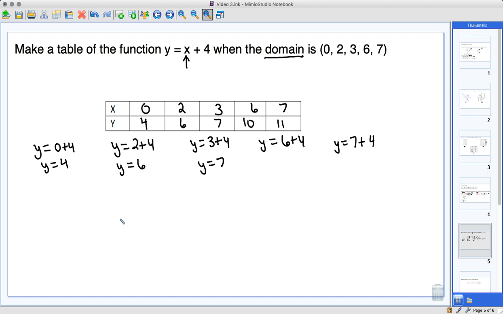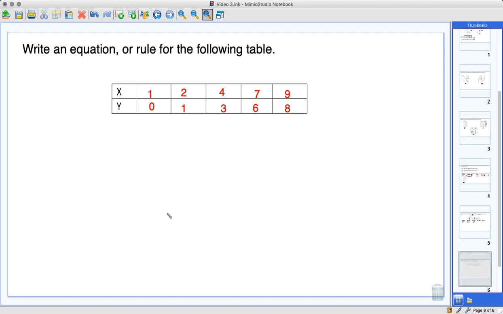The last thing we're going to do is we're going to be given a table, and we are going to write that rule up there. Okay, so here is our table, and it says write an equation or a rule. Okay, you'll hear me use those words interchangeably. Okay, so what you want to look at is kind of the pattern. I always start with the first one.